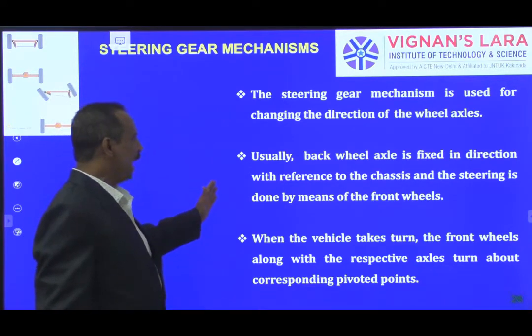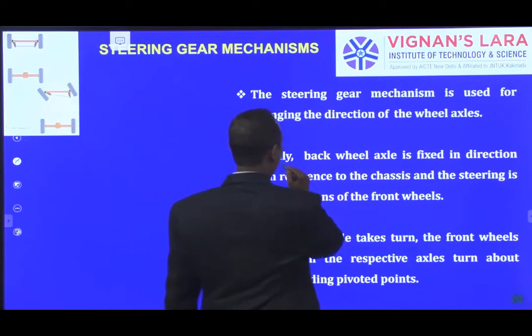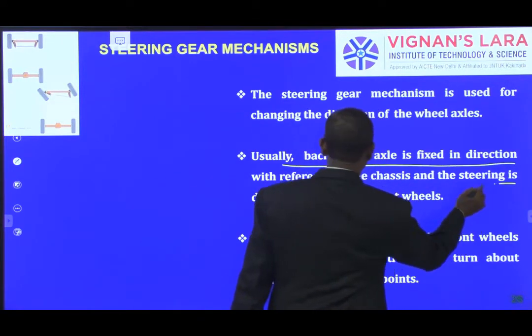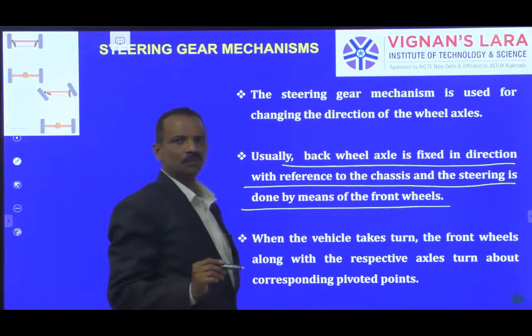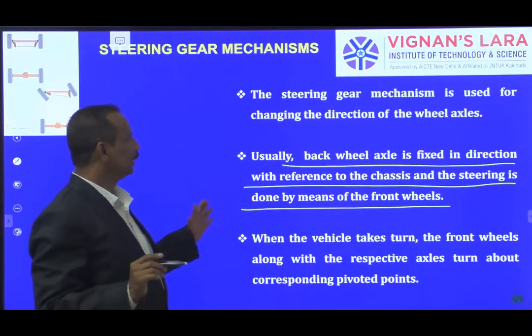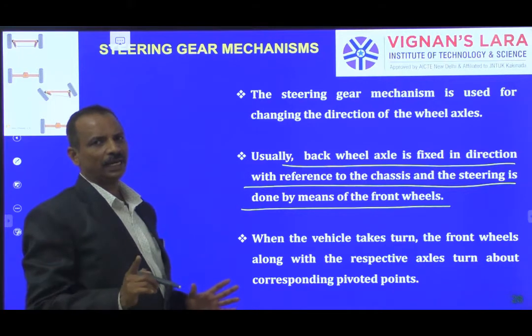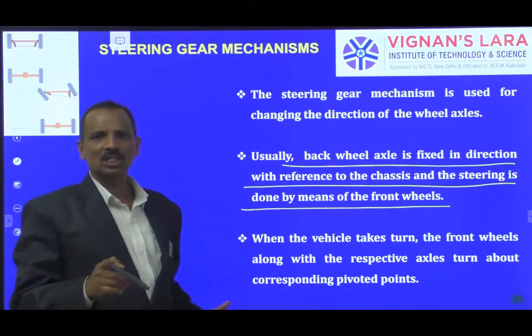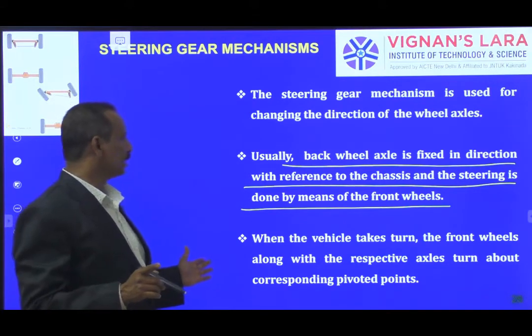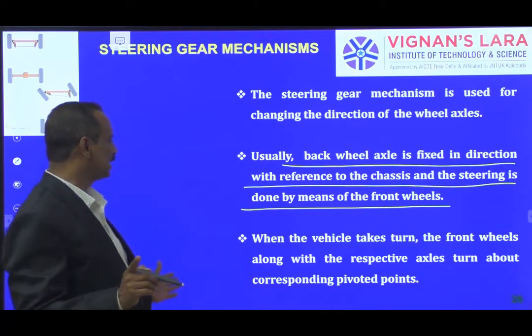Then the back axle is fixed in direction with reference to the chassis, and the steering is done by means of the front wheels only. That is what I said: the front wheels take care of giving the turning or steering, and the rear wheels are guided, followed by the front wheels.